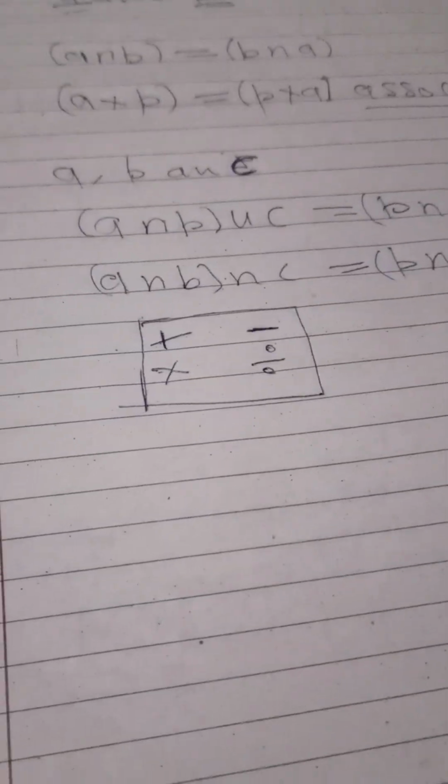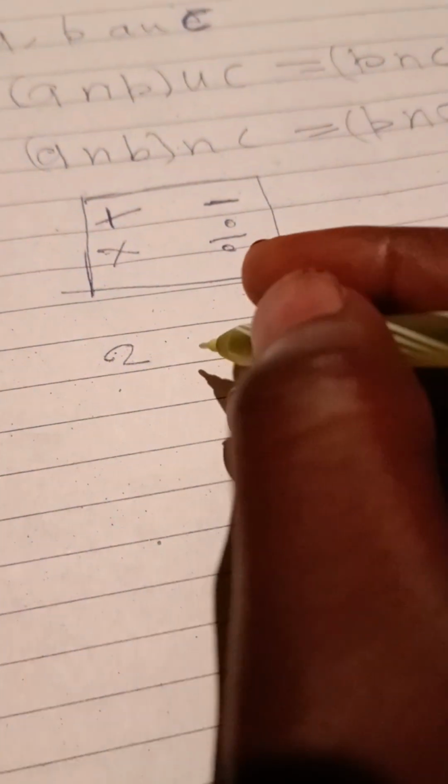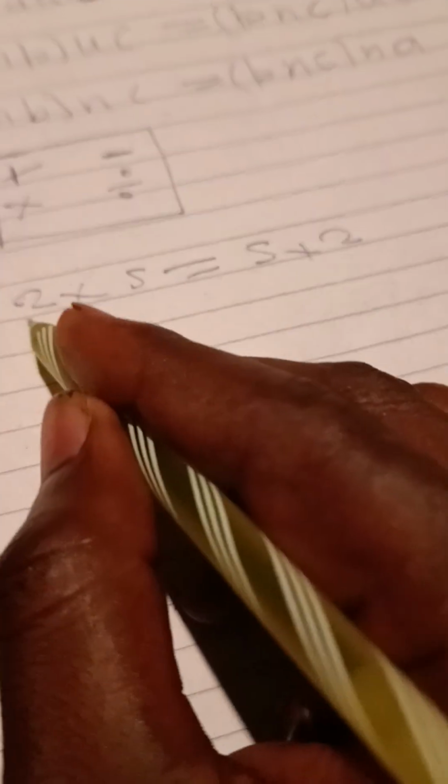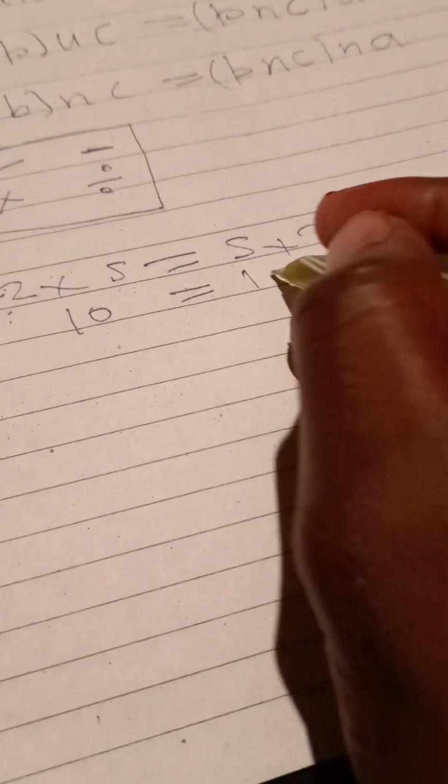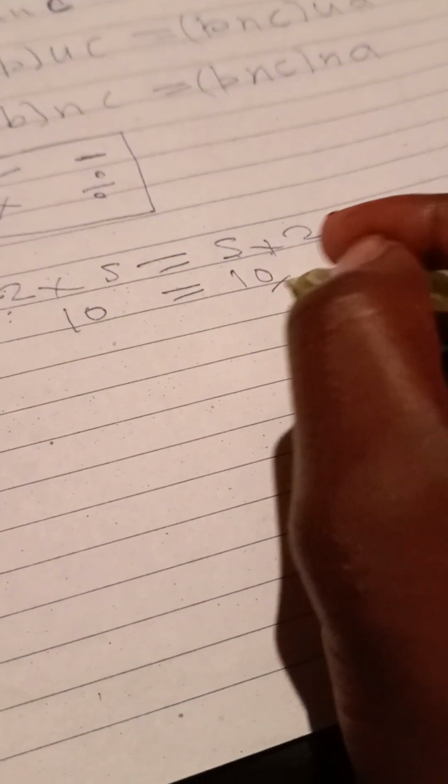For example, 2 multiplied by 5 should equal, either way, 5 multiplied by 2. 2 multiplied by 5 is equal to 10, and 5 times 2 is equal to 10.